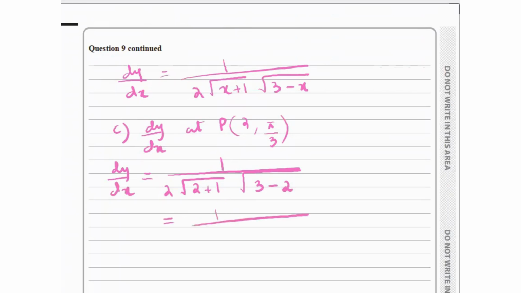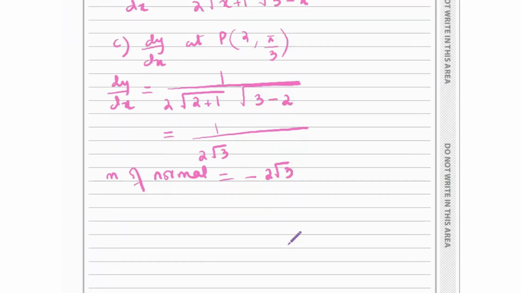That's going to be 2 times root 3 times root 1, which is the same thing. So 1 over 2 root 3. So the gradient of the normal is going to be negative 2 root 3.